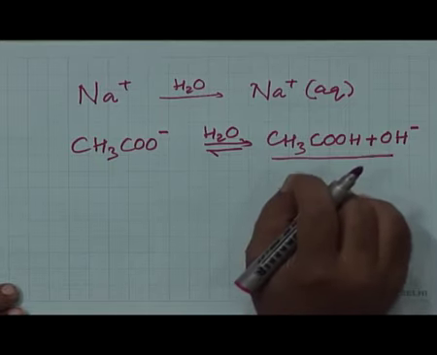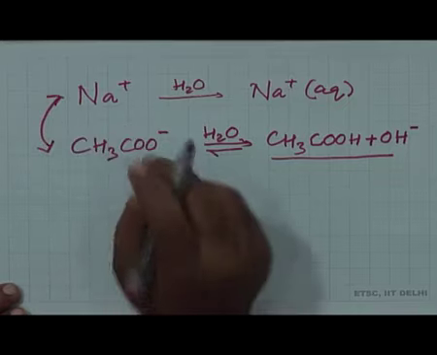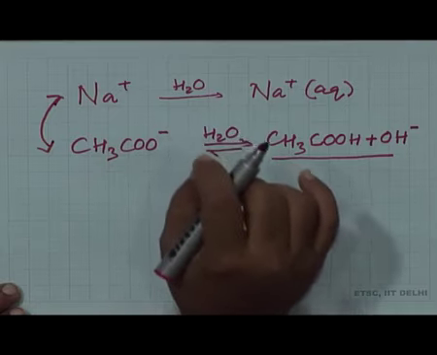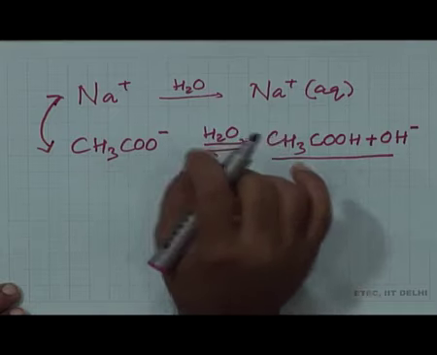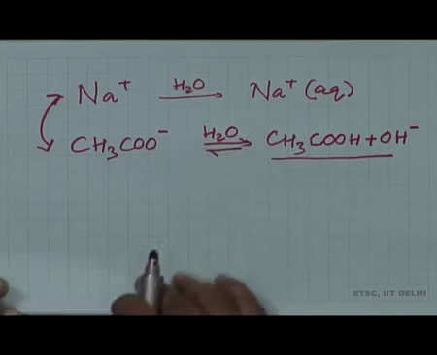One type of ion will simply hydrate, whereas another ion, for example CH3COO minus, will react with water to give acetic acid plus OH minus ion. Depending on the kind of behavior an ion shows in aqueous solution, we have a strong electrolyte or weak electrolyte.